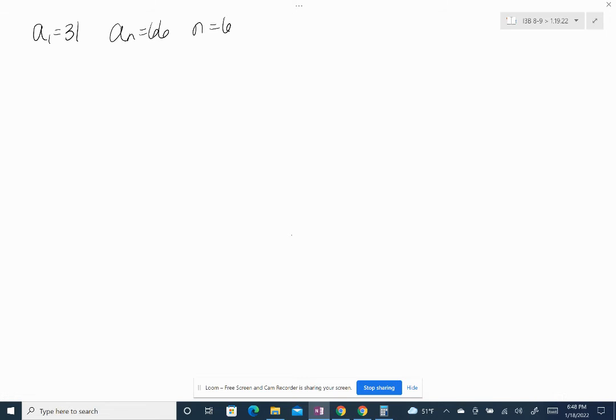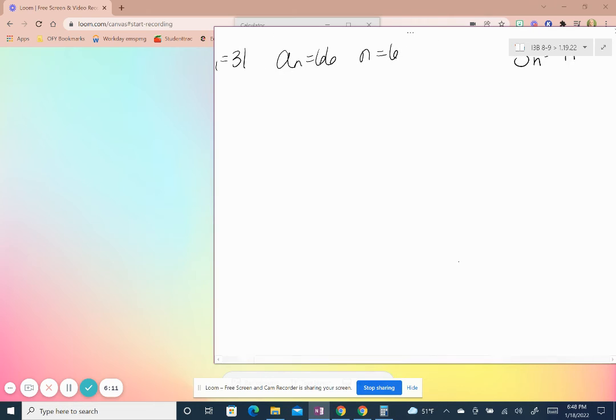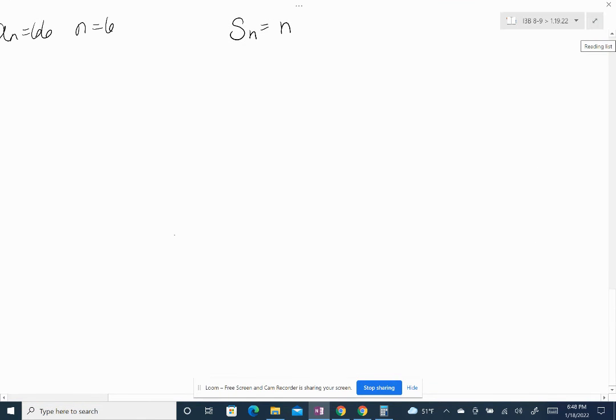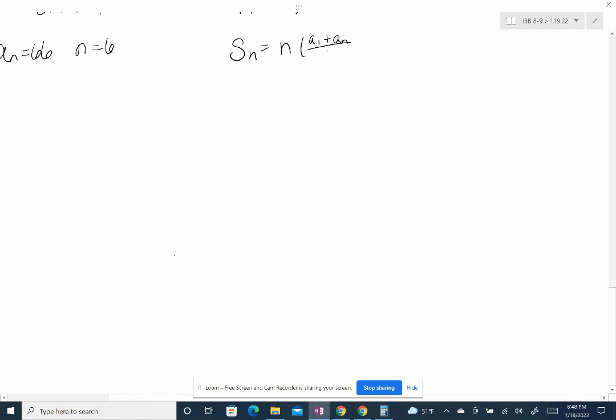Okay, and I know I shared the formula earlier. I'm just going to write it again. So our sum S of n is equal to n times (a1 plus an) divided by 2. Okay.